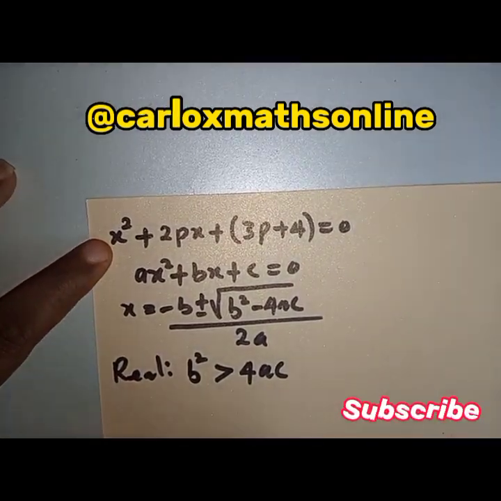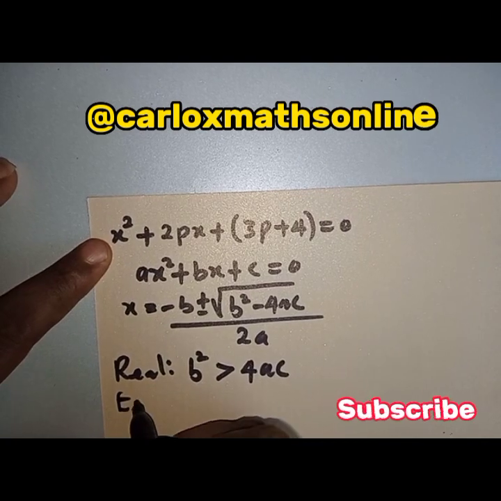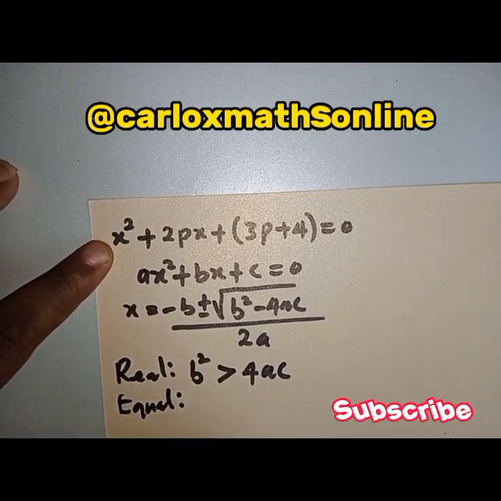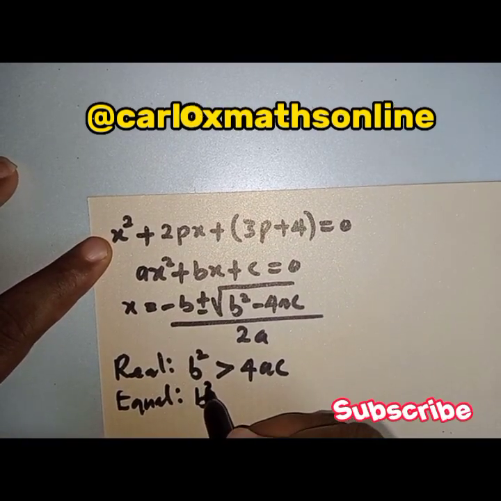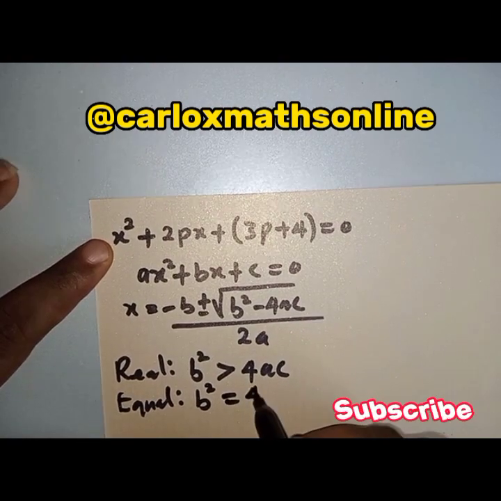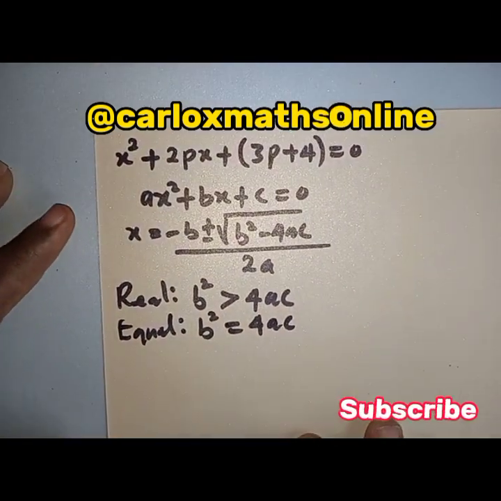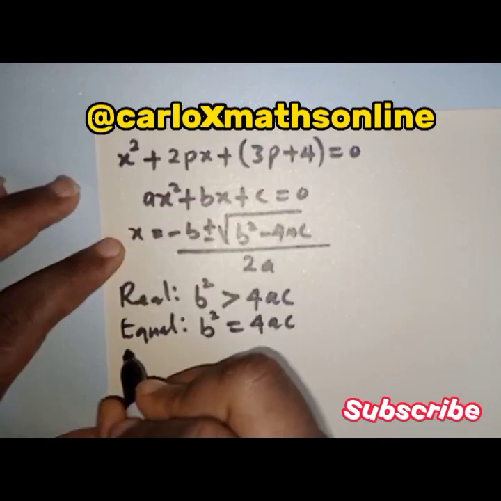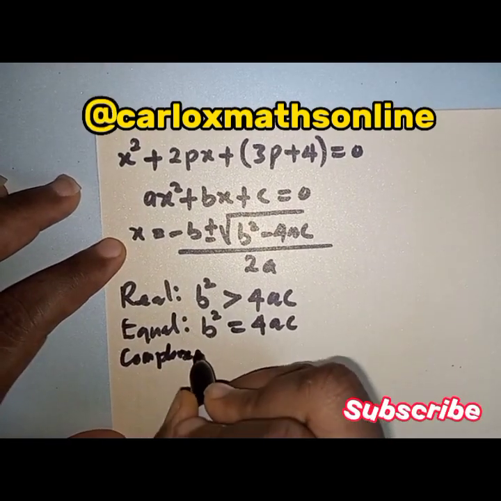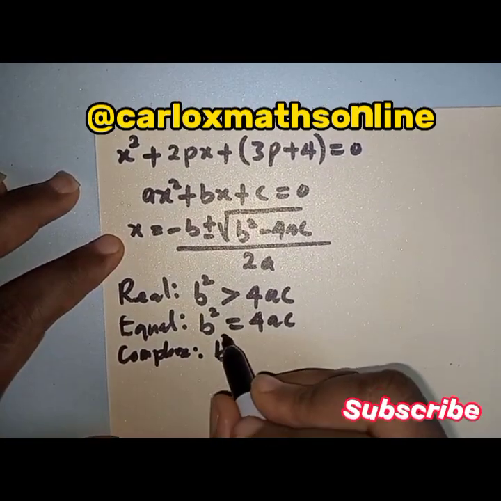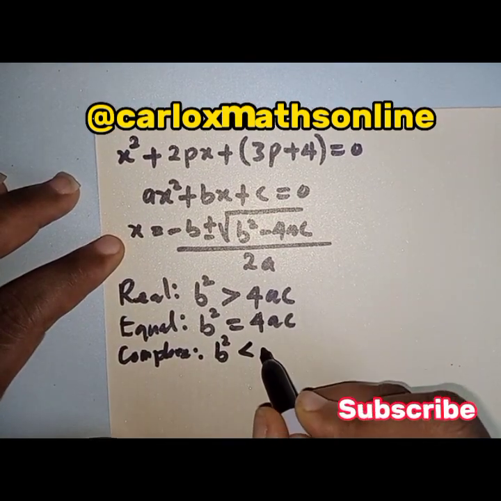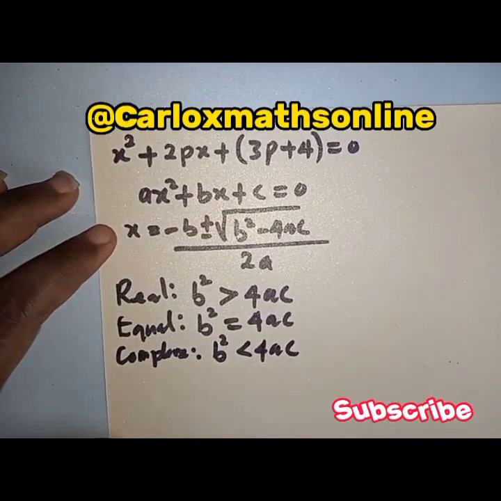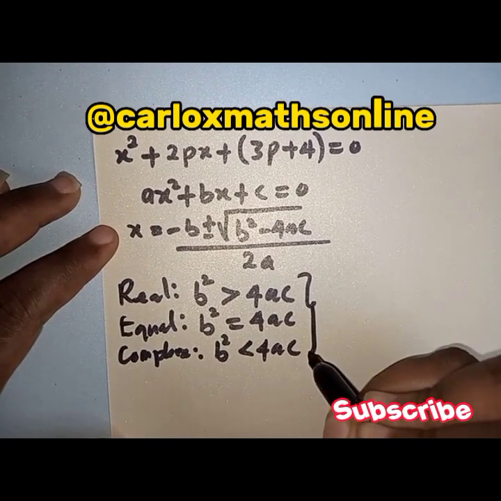If the roots are equal, we have b squared is always equal to 4ac. But if the roots are complex, we have b squared less than 4ac.